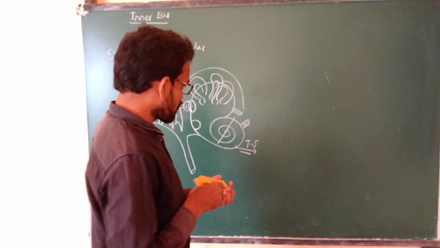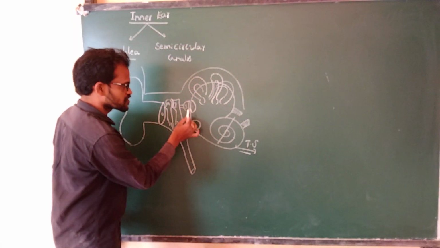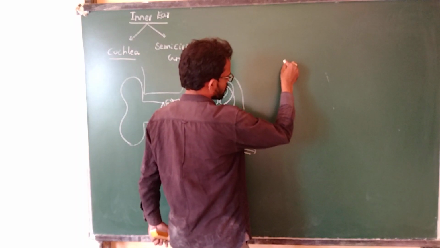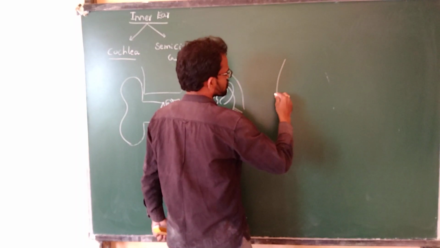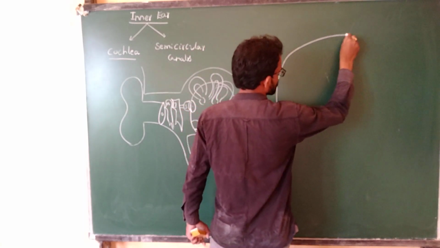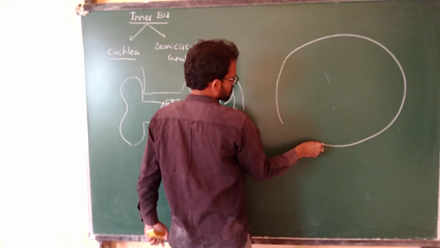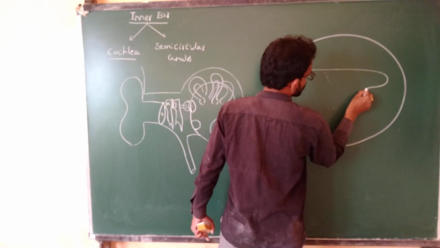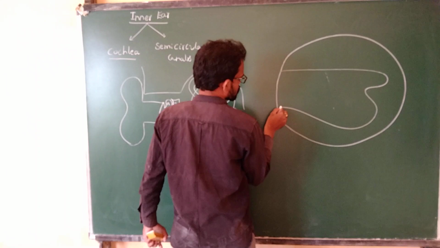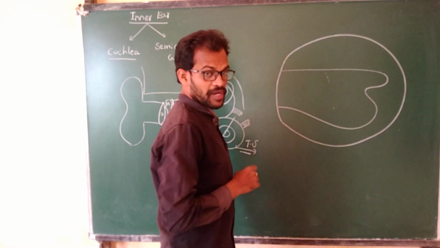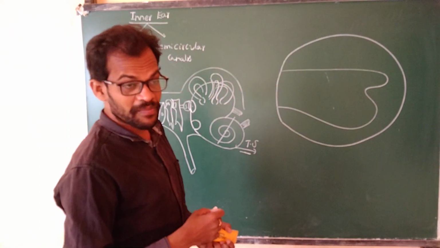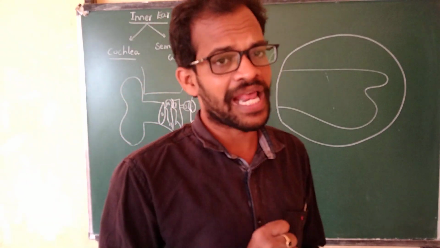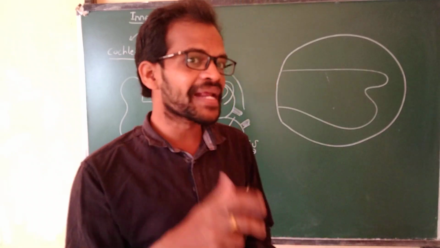See here, the transverse section of the cochlear part. The outer part is made up of the bony labyrinth. The inner part is made up of the membranous labyrinth.